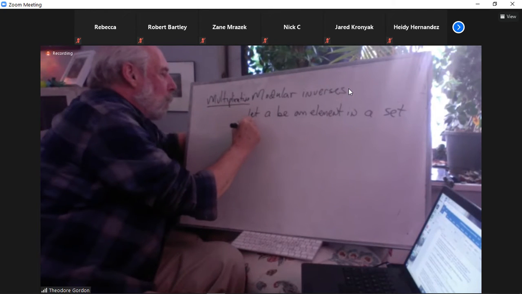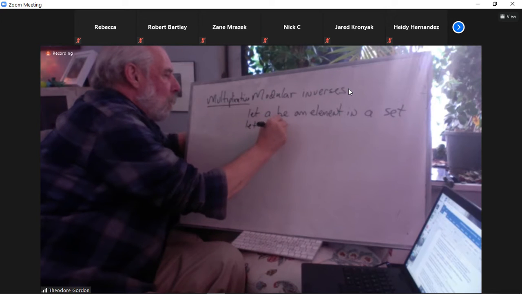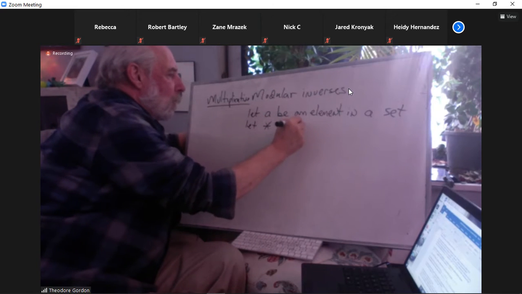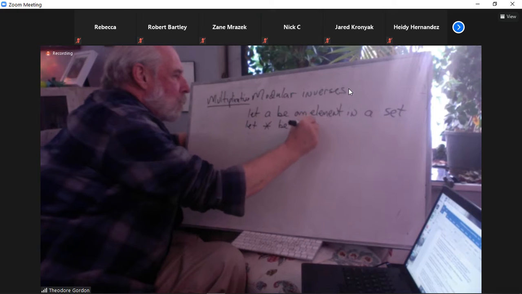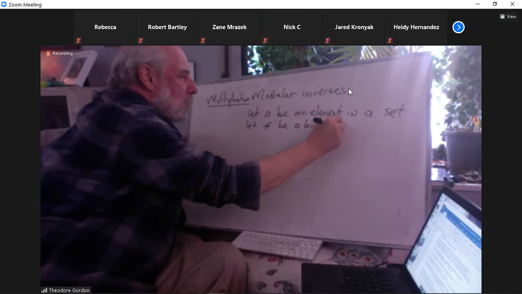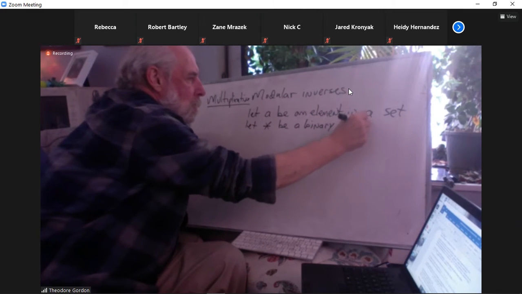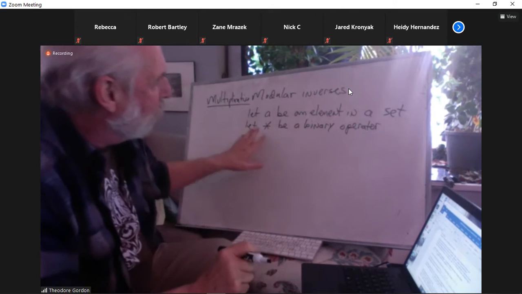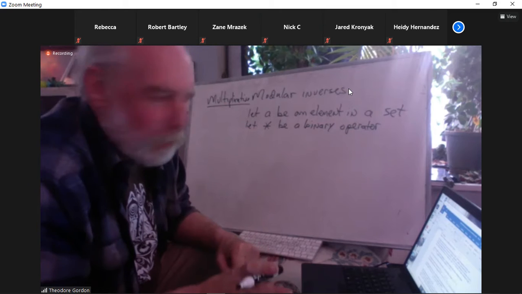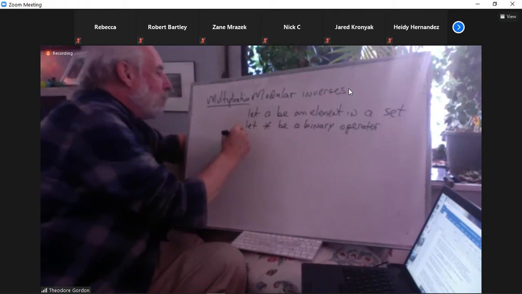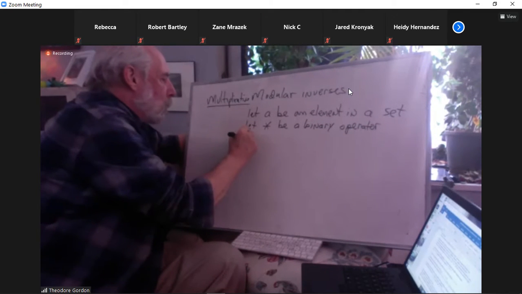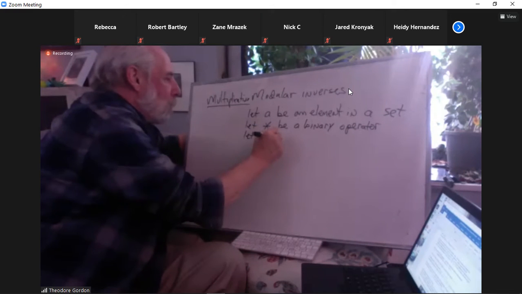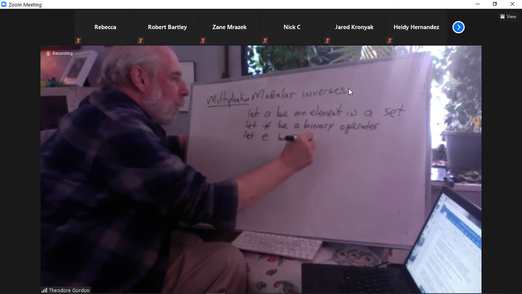And let an asterisk be a binary operator. So instead of using the X for multiplication, we're just going to use a star because we can define it certain ways. And let E be the identity element.